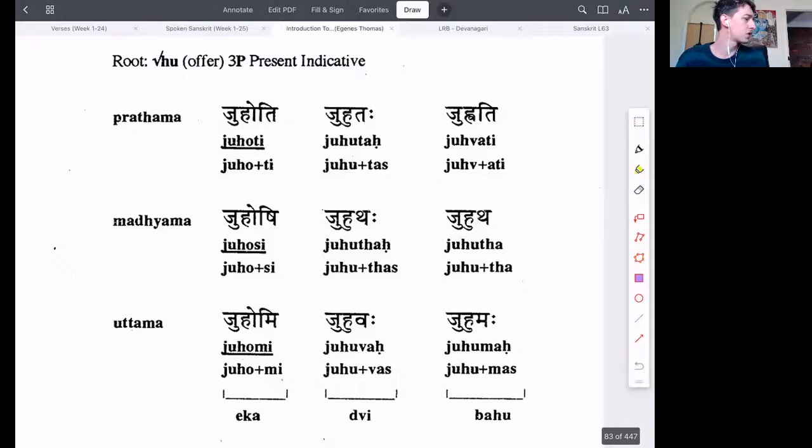The only one on page 74 that you do need is juhvatu, the third person plural, which means you all offer. And then obviously the singulars. And then page 78, the entire 5 and 6, all that is undone.